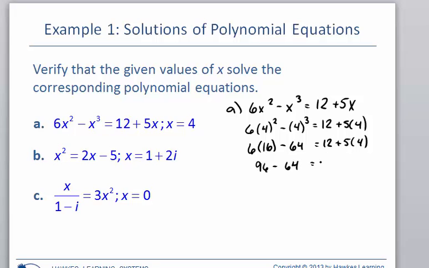Minus 64 is equal to 12 plus 20. 96 minus 64 is 32. And 12 plus 20 is 32. So since this is a true statement, we can conclude that 4 is a solution to the polynomial equation.